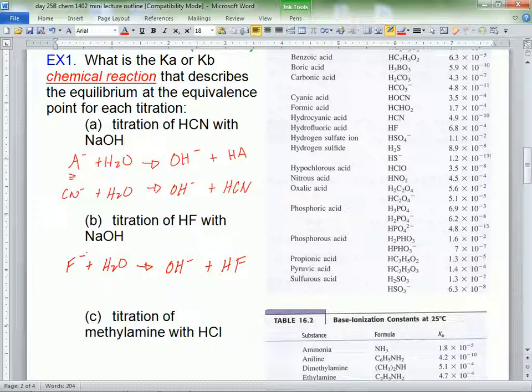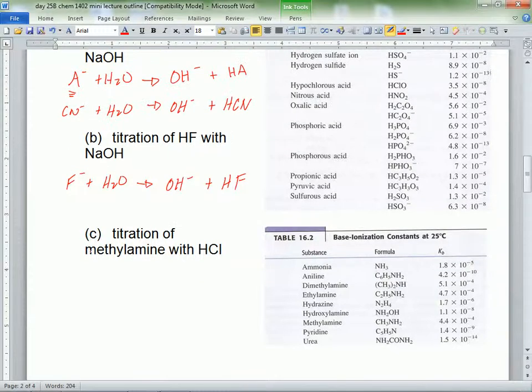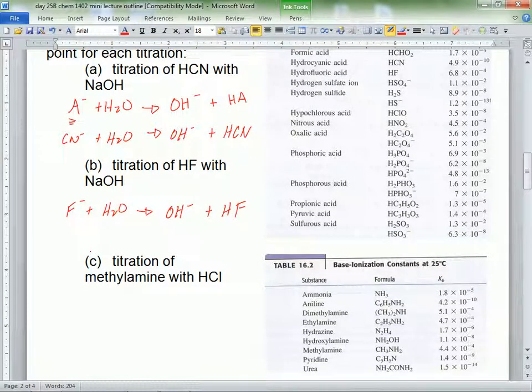All right. Okay, last one before we move on here. Alyssa, we're titrating methylamine with HCl. Will we be writing a Ka or a Kb reaction?